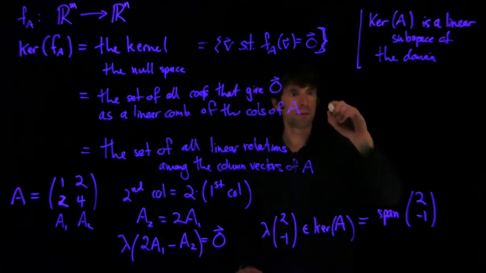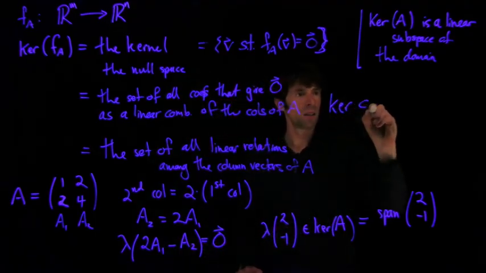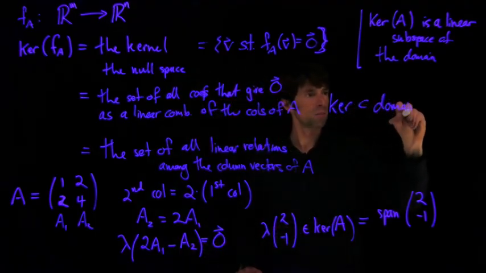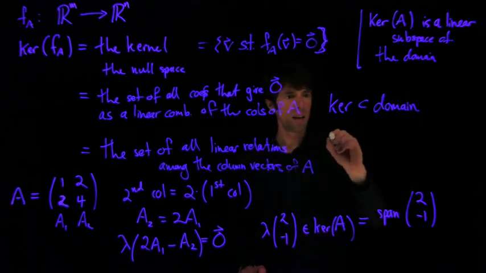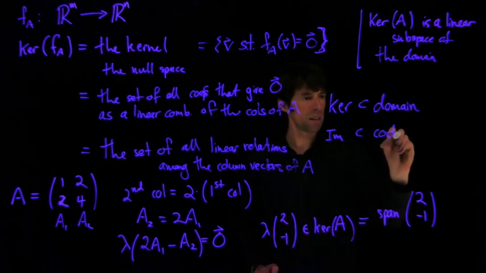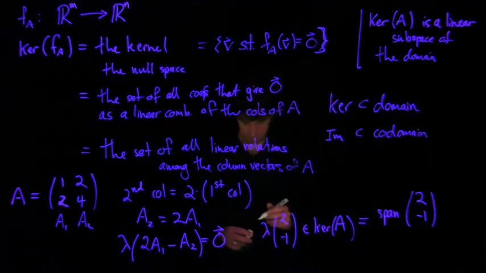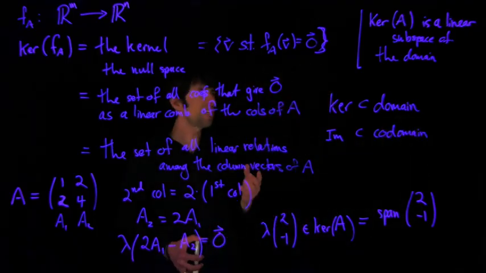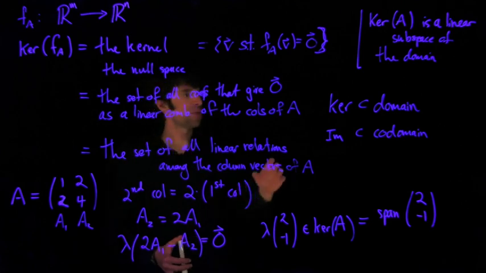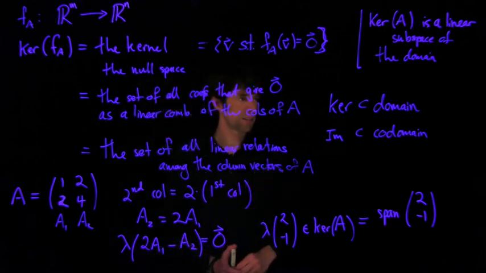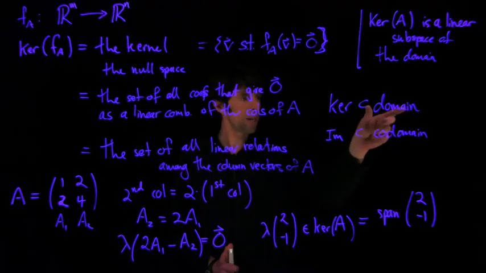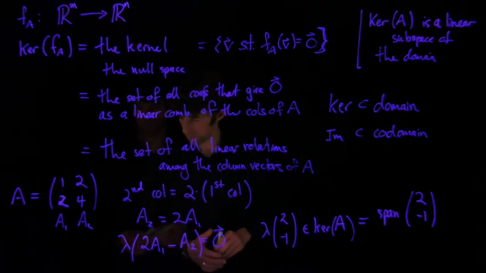So we have the kernel is a linear subspace of the domain, and we have the image inside the codomain. So associated to any linear transformation, you have these 4 different linear spaces, these 4 different vector spaces: the domain, the codomain, the kernel, and the image.